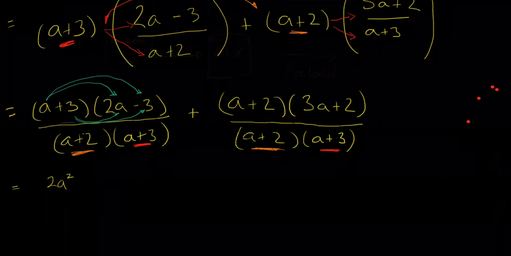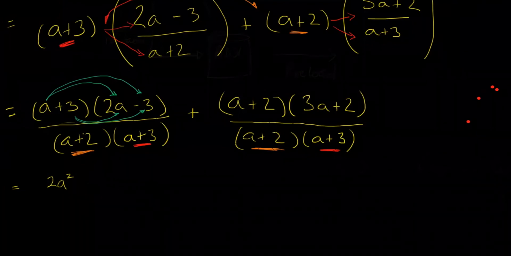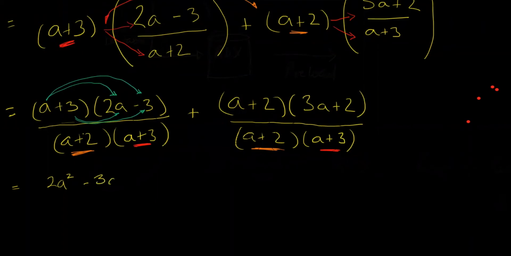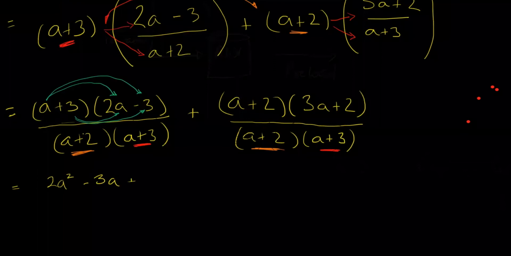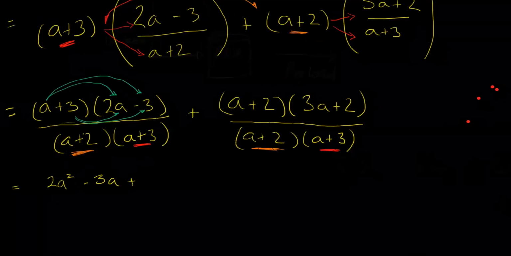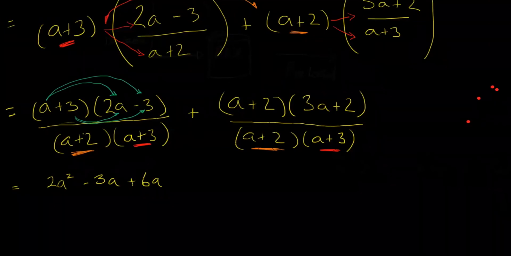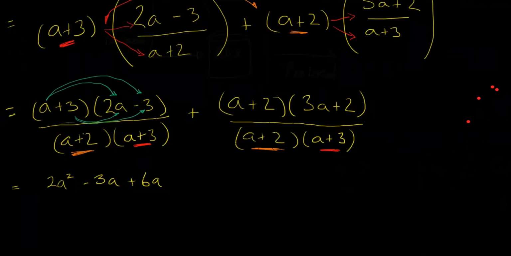What's a times minus 3? Minus 3a. Perfect. That's what I like to see. What's plus 3 times 2a? 6a. Perfect. And what's 3 times minus 3? If you do positive and negative, it's going to be minus 9. It's a negative. Remember the table of truth?